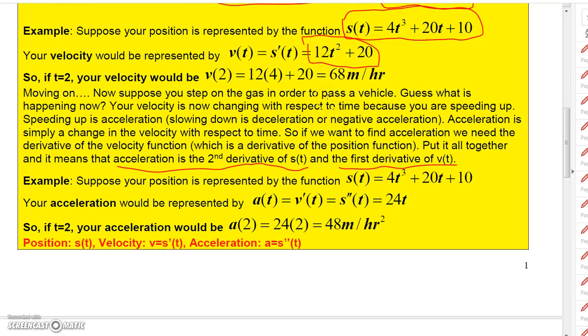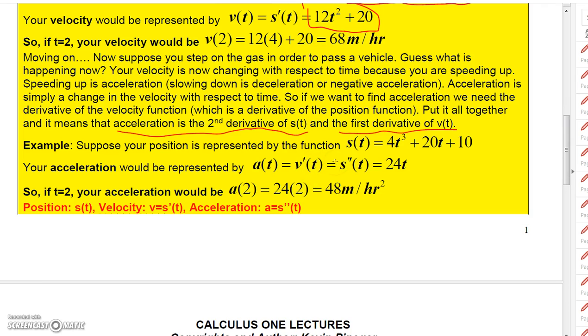So go back to my function. We know that the first derivative is 12t squared plus 20. So the second derivative of the position function, s double prime, would be the derivative of that function, which is 24t. So that's what acceleration is. Acceleration is the second derivative of your position function or the first derivative of your velocity function.